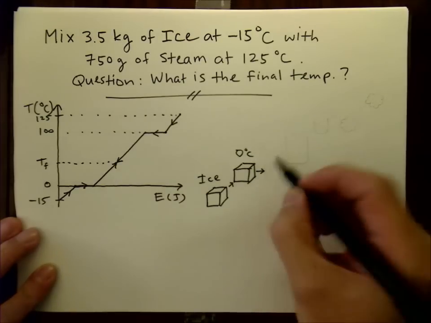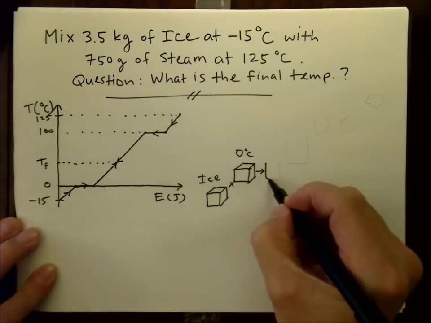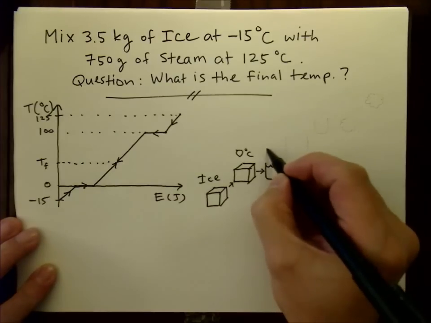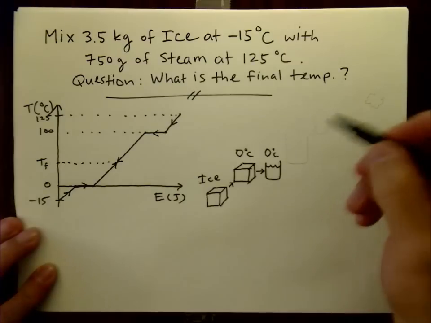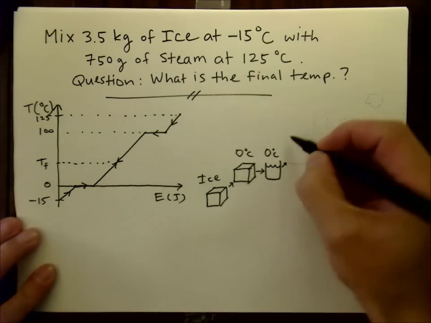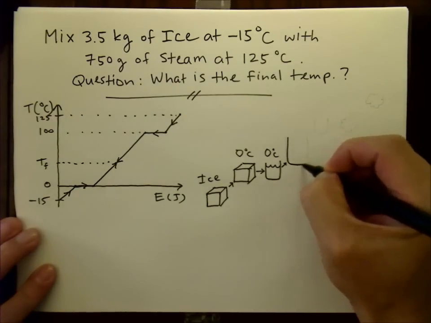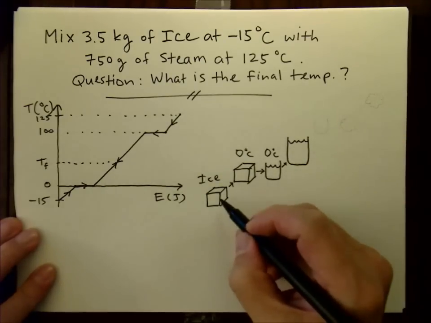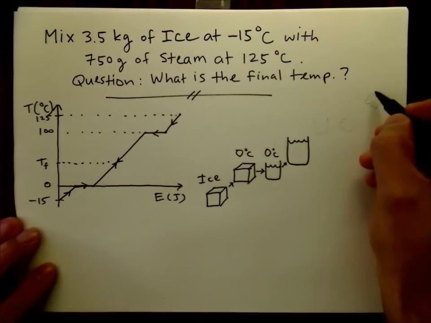Once at 0 degrees Celsius, it will start to melt, becoming liquid, again remaining at 0 degrees Celsius. And as it is heated further, it will become part of a larger amount of liquid that is partially from the ice and partially from the steam.